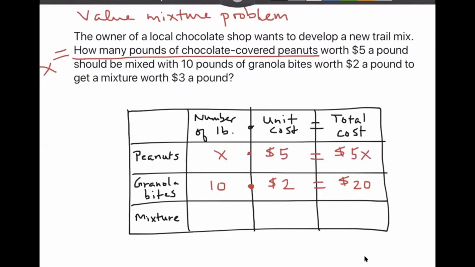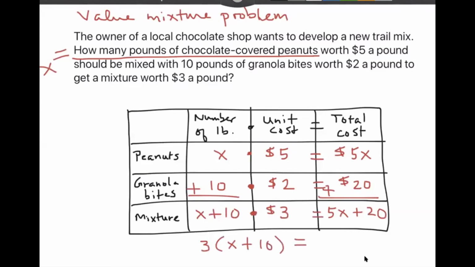All right, so now the number of pounds in the mixture will be X plus 10. The unit cost of the mixture is supposed to be $3. And the total cost of the mixture in dollars will be 5X plus 20. So this is our equation. 3 times X plus 10 equals 5X plus 20.